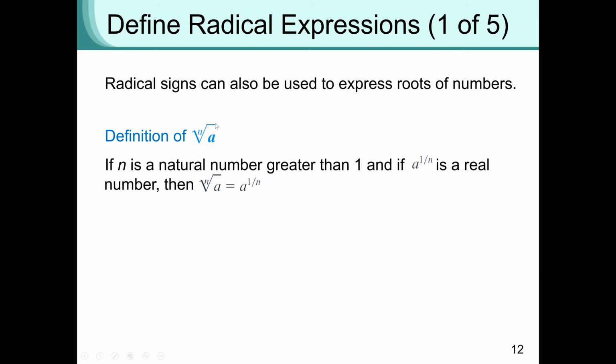So the definition: here we have the nth root of a, where n is a natural number greater than 1, and if a to the power 1/n is a real number, then the nth root of a is the same as a to the power 1/n. And we know this. A radical sign, again, means a root. So a to the power 1 over n is the same as the nth root of a.